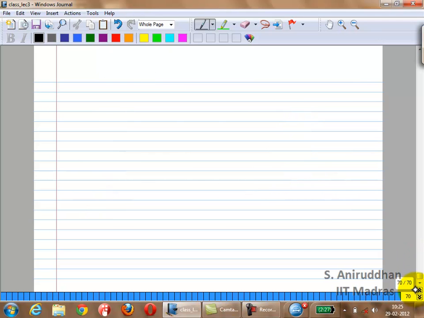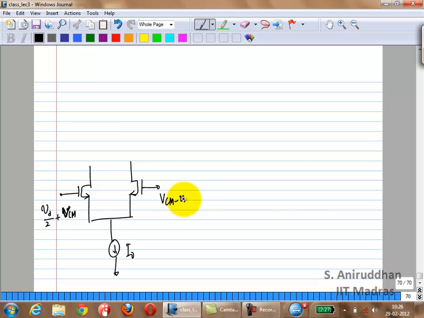So we take the same differential pair. So you have these two things, and you want to send the incremental current out, but you want to bias this separately.